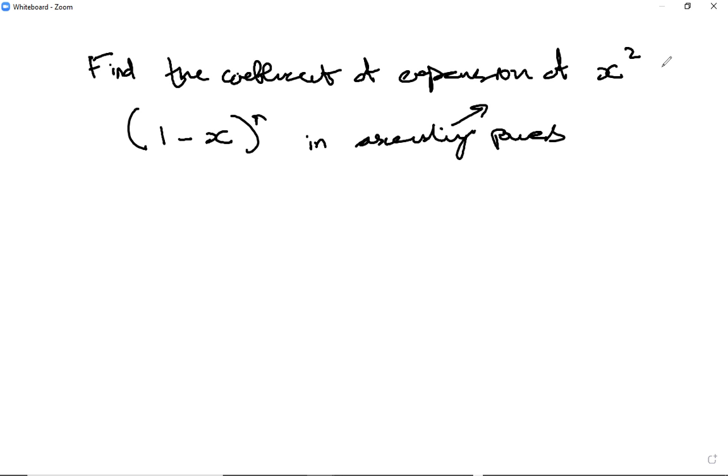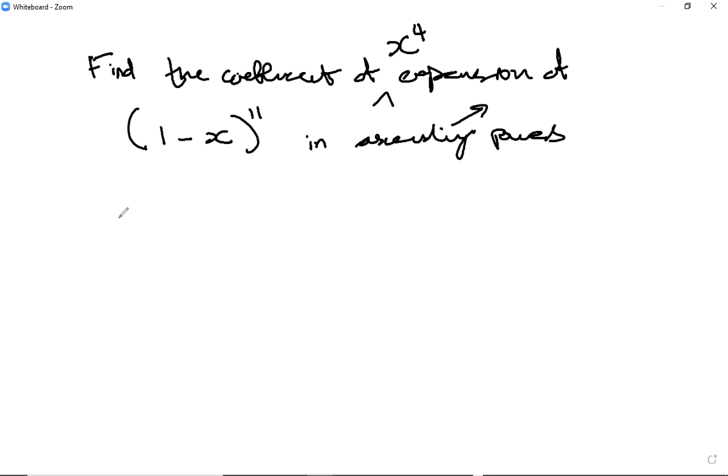Or let's make it x to the power of 4 in the expansion of this, for example. Let's give it a value, and you can give this a value. Let's make it, I don't know, 11.